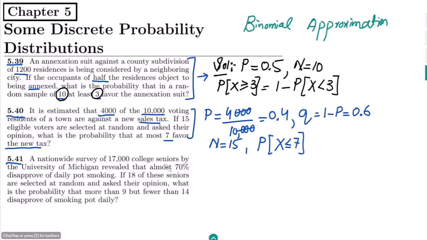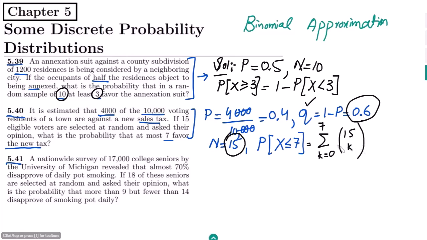So in order to find it out, again we have the probability of the favor, and we have the total number of people as well. This can be very easily found by summing k equal to 0 up to 7, because this is up to 7, with n which is 15, choose k.